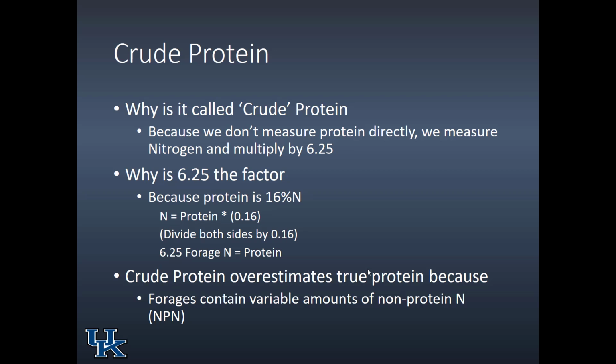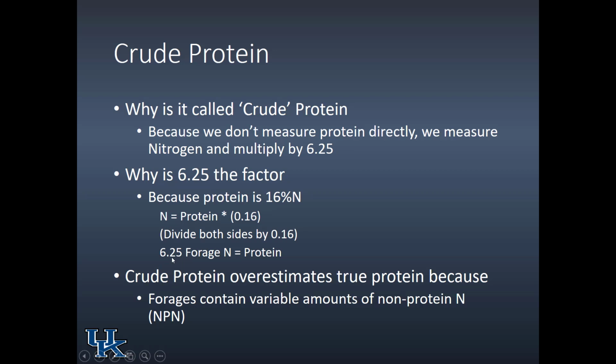If you want to think of that as an equation, then you've got the nitrogen in forage is equal to the protein times 0.16. That's 16% expressed as a decimal. If you want to solve for protein, then divide both sides by 0.16, and 1 divided by 0.16 comes out to 6.25.